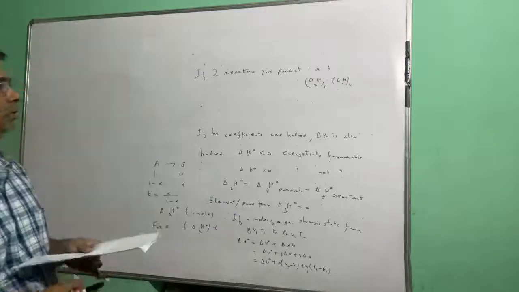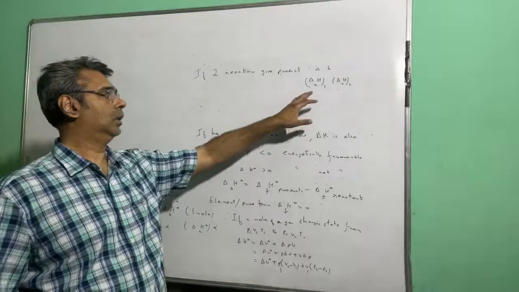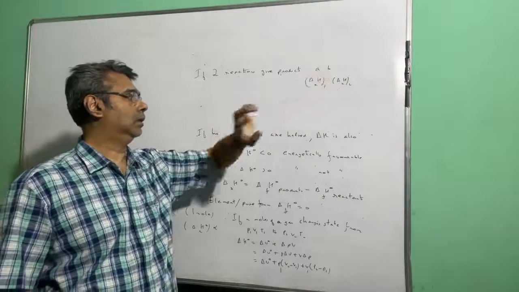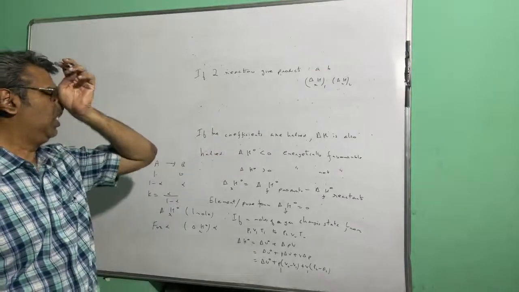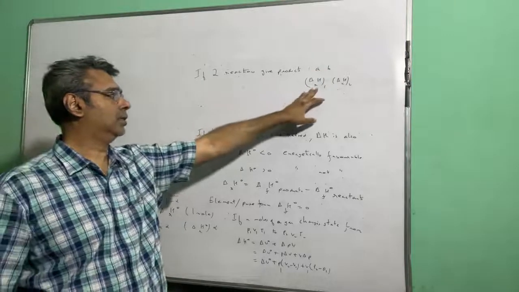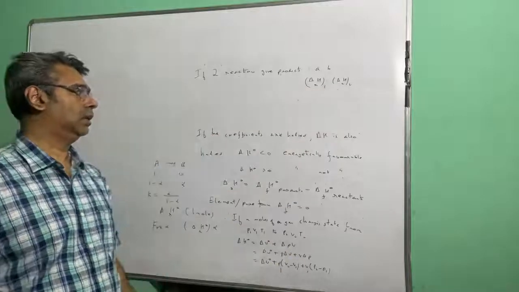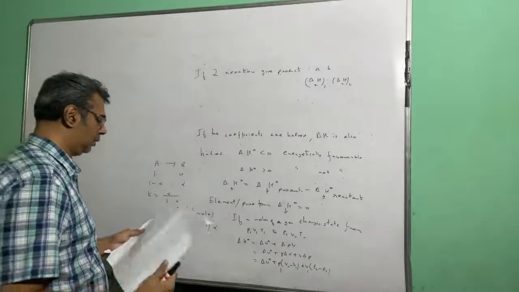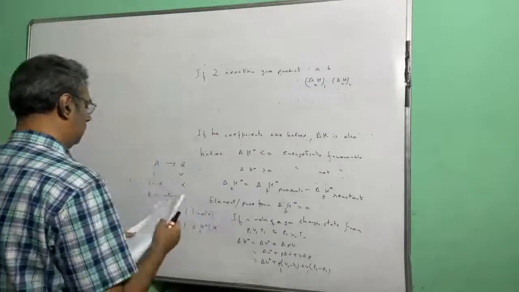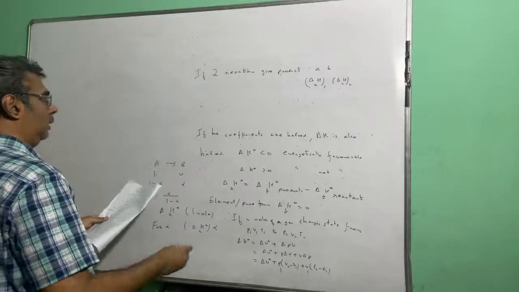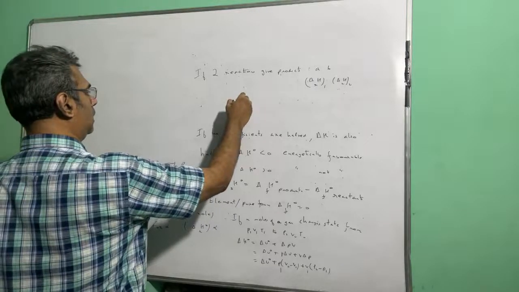Suppose you have two different reactions, and the products are A and B, and the heat of the first reaction is delta HR1 and the second is delta HR2.